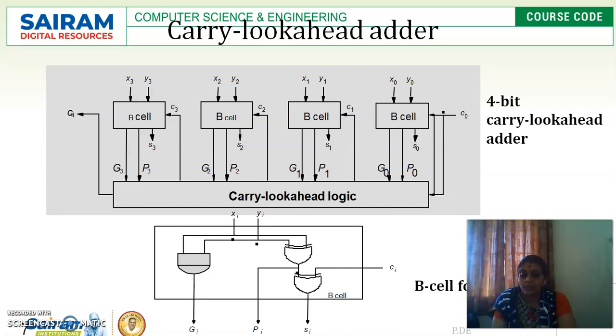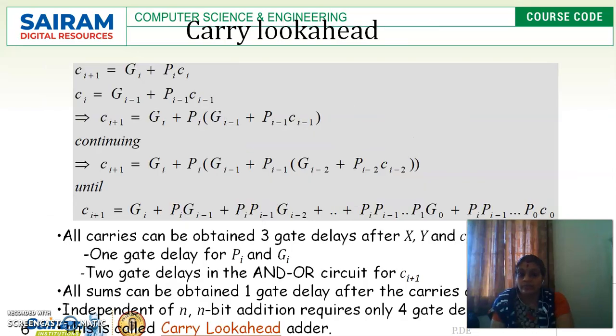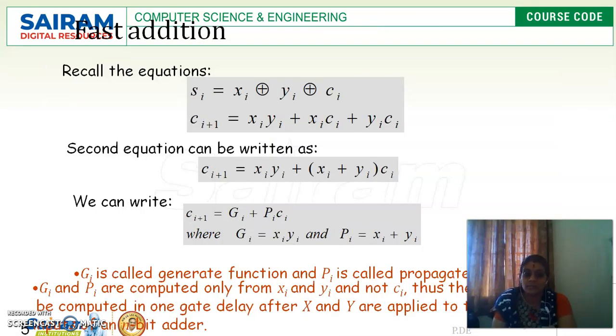That delay is called a gate delay. So this is called a propagation delay. What is propagation delay? To propagate the carry from one level to another level, it will take some time. That delay is called a gate delay. Here it is a propagate delay, right?